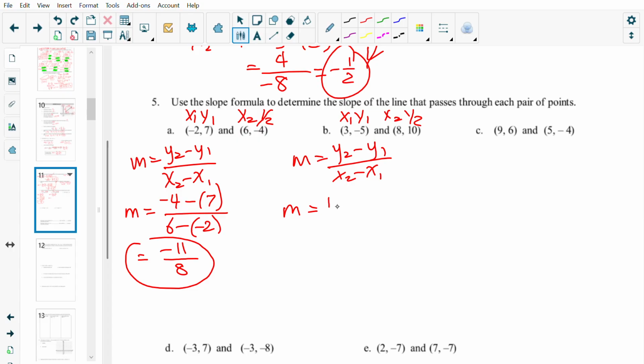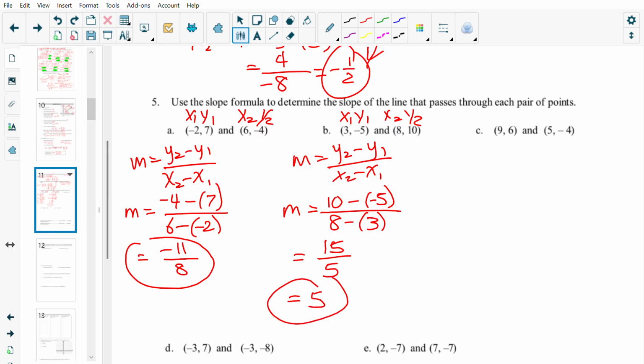Okay, and then I get y2 is 10, y1 is negative 5, x2 is 8, and x1 is 3. That's 10 minus negative 5 is 10 plus 5, that's 15. 8 minus 3 is 5, and that's a slope of 5. Oh, no. Oh, man. That's a slope of 3. Sorry about that, folks. Okay, label x1, y1, x2, y2.